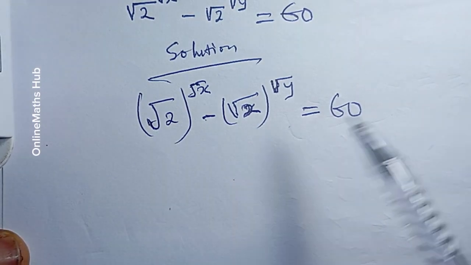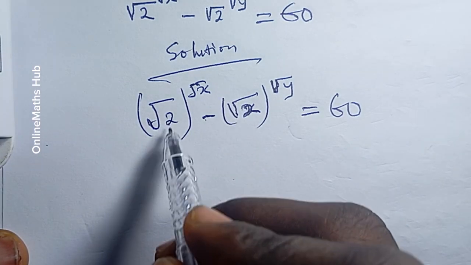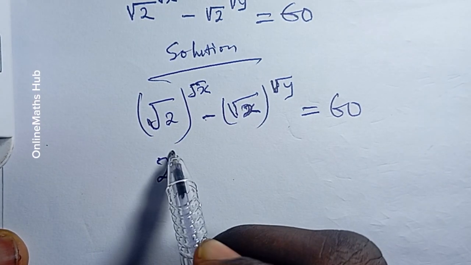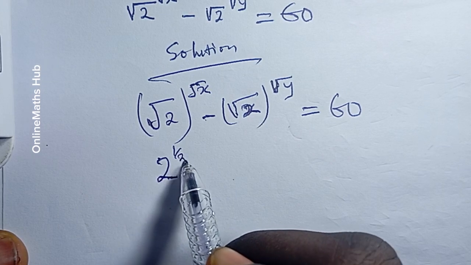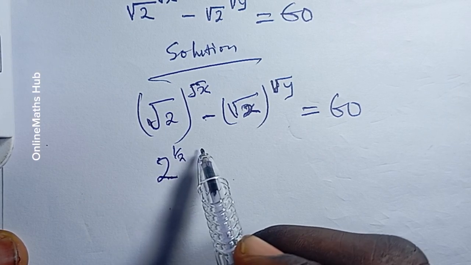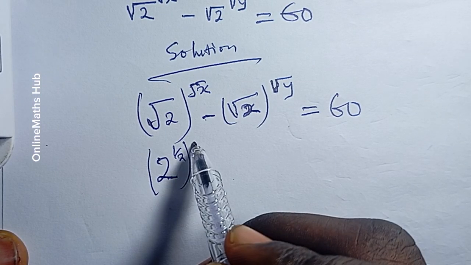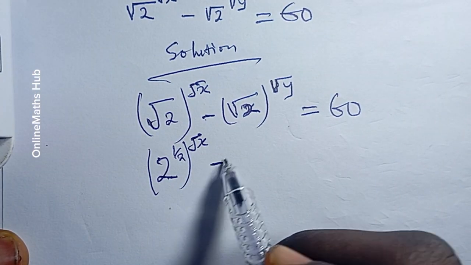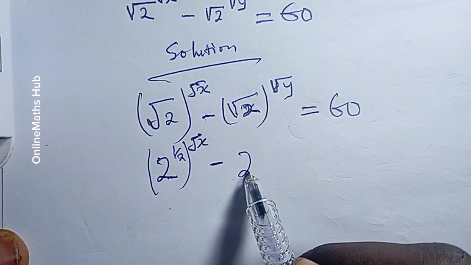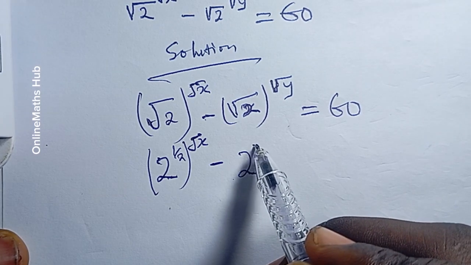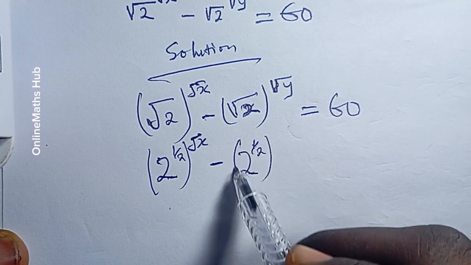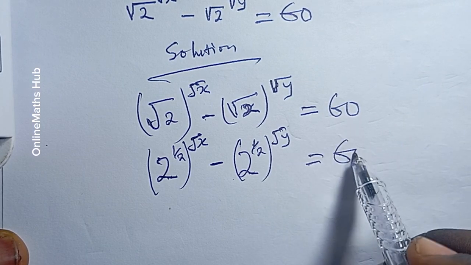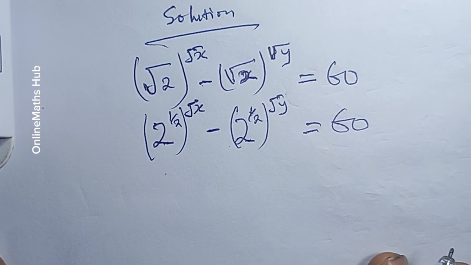The first thing I want to do is to rewrite this root 2 right here. Of course, I can write it as 2 power 1 over 2, all raised to power root x, minus, I will do the same right here, 2 power 1 over 2 all raised to power root y, and this is equal to 60.